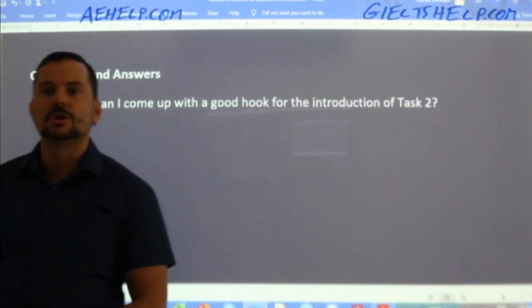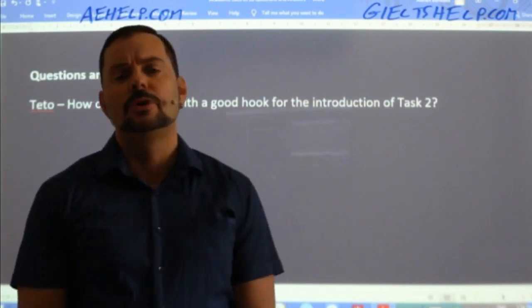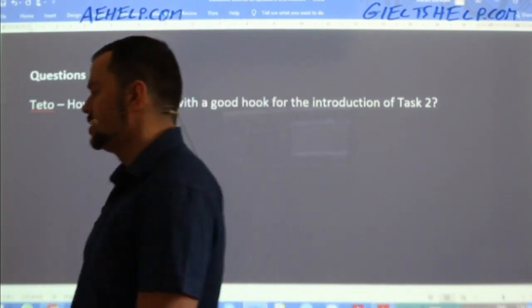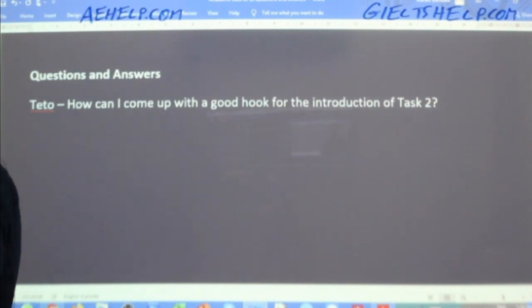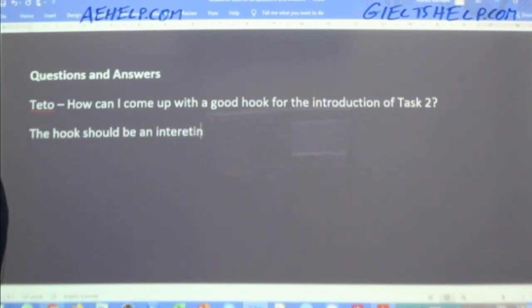Okay, so Tito, remember the hook, okay? So there are actually in essay writing a lot of different ways to write the hook, but for the IELTS exam you really only need one. So for the IELTS, the hook should be an interesting statement that includes the topic of the question.